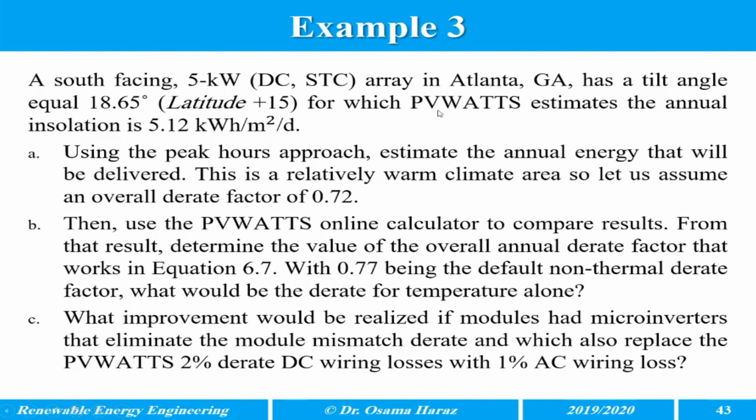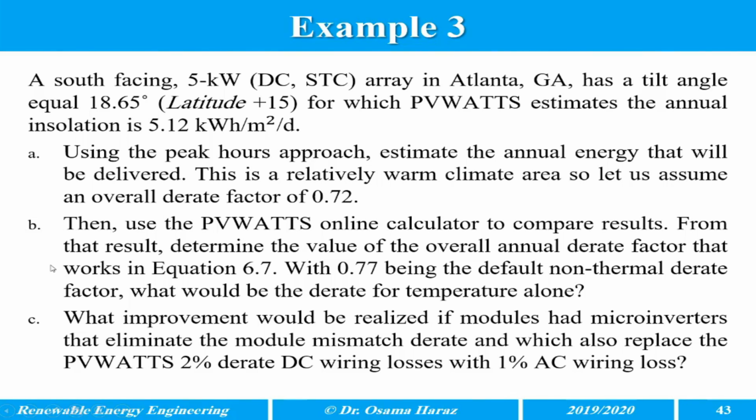By the way, PVWatts is a software program or online calculator you can use in this example. Using the first part of this example, using the peak hour approach, estimate the annual energy that will be delivered. This is a relatively warm climate area, so let us assume an overall derate factor of 0.72.